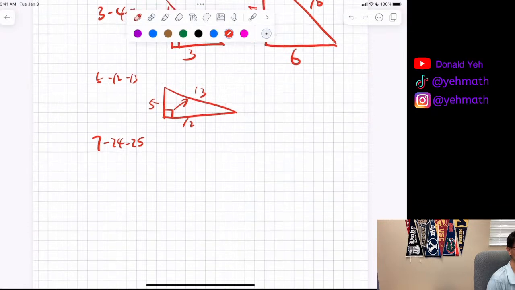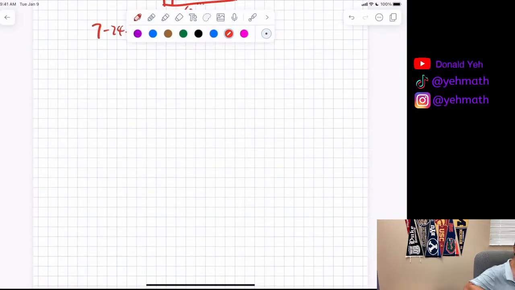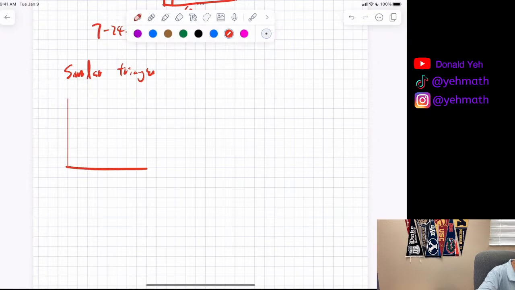Okay. Pythagorean triplet. Next thing, similar triangles. Why did I talk about similar triangles? Because on SAT, let me reiterate, a similar triangle is like this. There are only two setups.